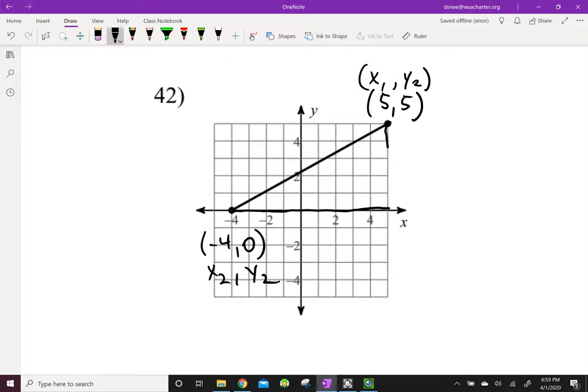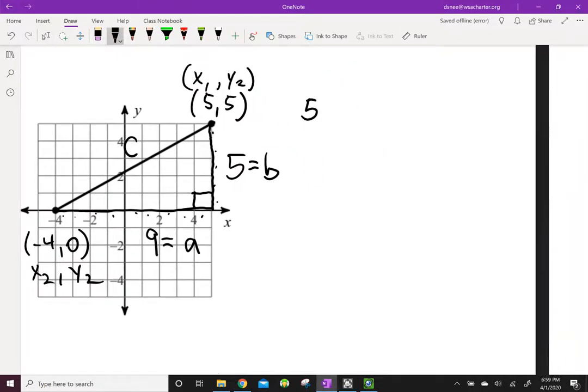I can find the length of the legs: 1, 2, 3, 4, 5, 6, 7, 8, 9 units. 9 units is one leg, so 9 equals A. And 1, 2, 3, 4, 5 units, 5 equals B. And this other side over here, we've got this right angle, so this side is C. So 5 squared plus 9 squared equals C squared.